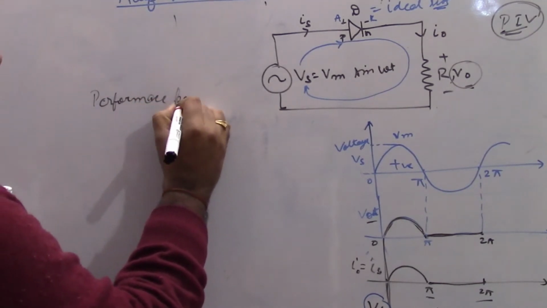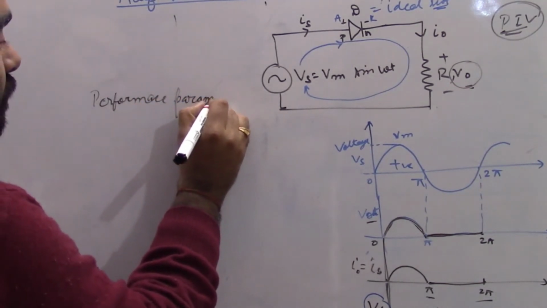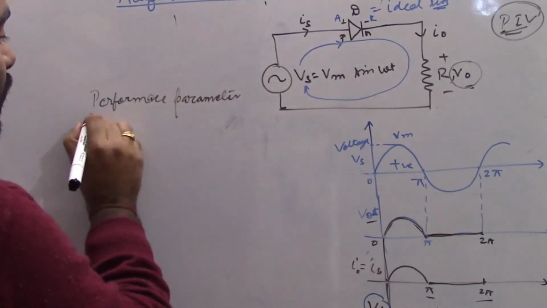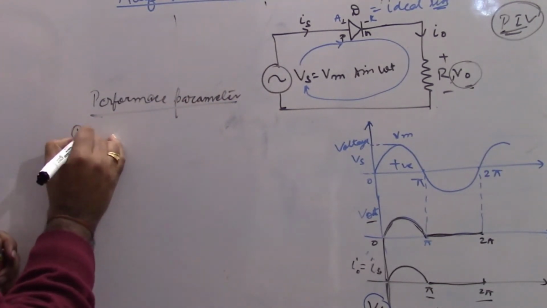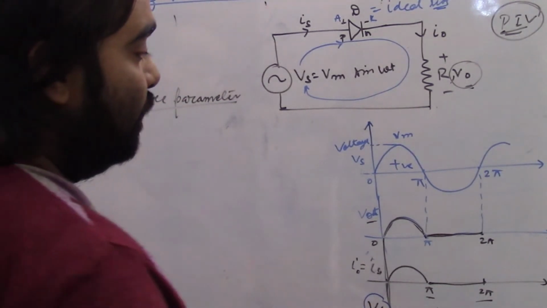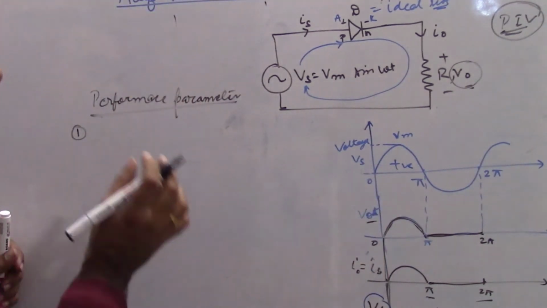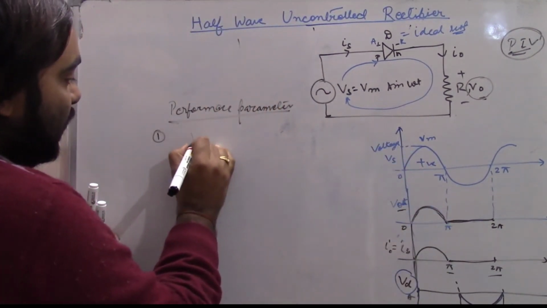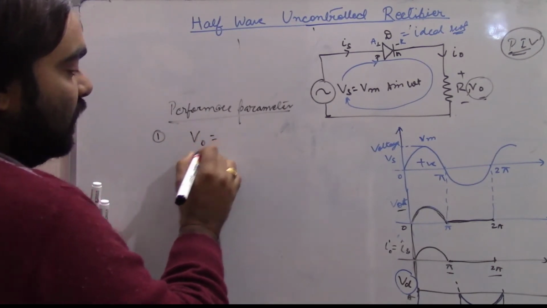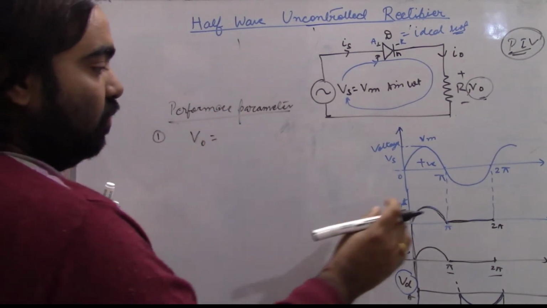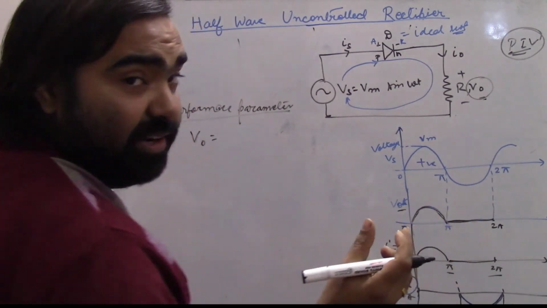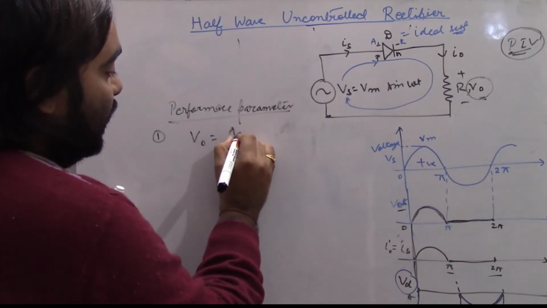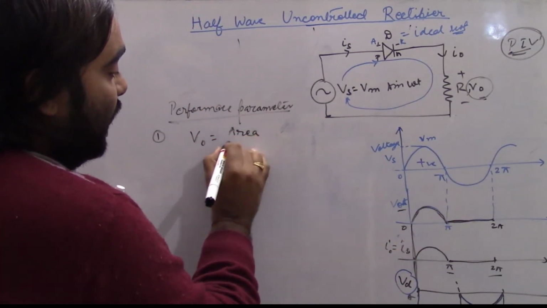Okay, and the next point is the performance parameters. The first performance parameter is the average output voltage. The average output voltage V out is equal to, we know how we calculate it, area by time.